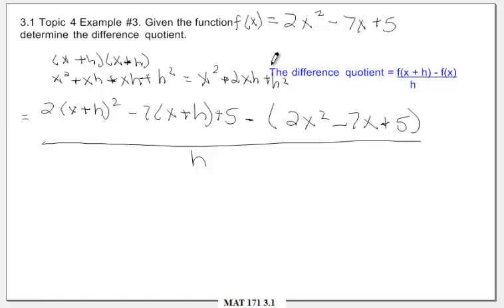You're always going to use that. So that's going to give us 2 times x squared plus 2xh plus h squared. And then we're going to distribute our negative 7 here. So we get negative 7x minus 7h plus 5.